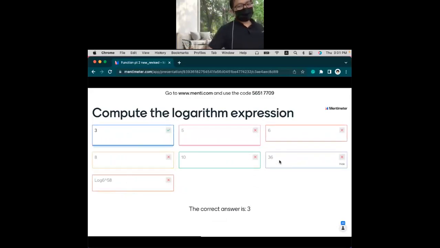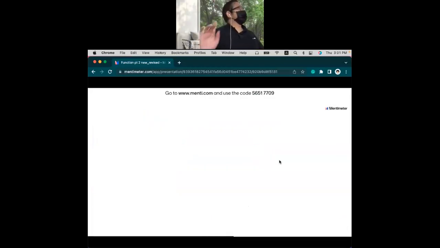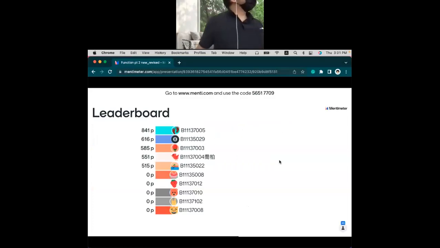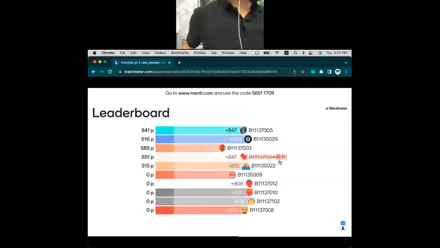Good. I think later I can review when we deal with another logarithm. And this is something you need to be familiar with. Okay, the next one, the last one.